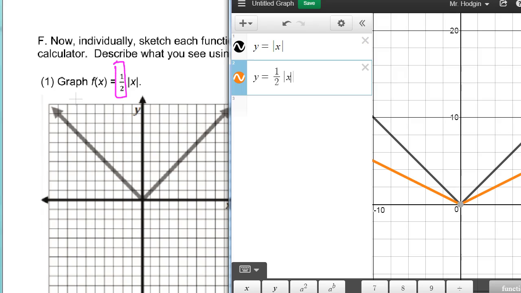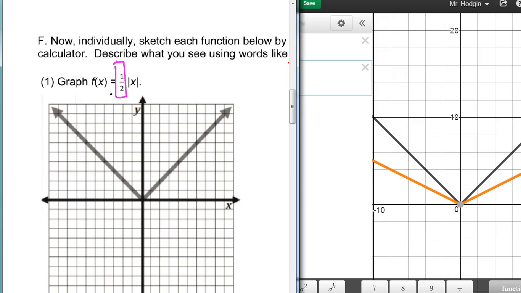Now, how does this graph compare to the one that's already there, the black one? Right. First, let's copy it down. So it looks something like this. It goes the same in both directions, right?